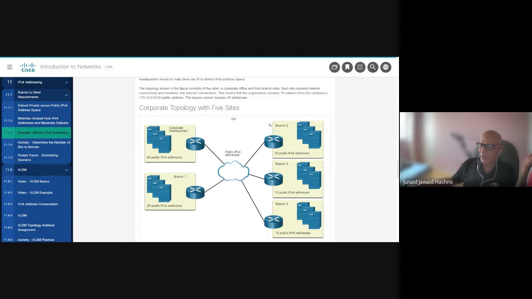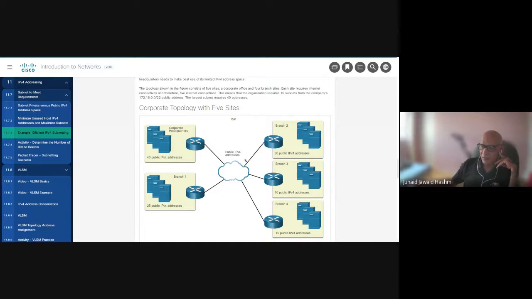And then you have another branch, and another branch. So 5 sites. In this case, you need class B IP addresses, public IP addresses, sorry, and then you subnet into multiple networks.